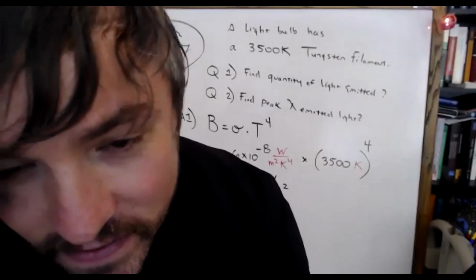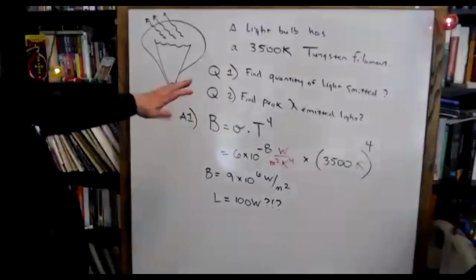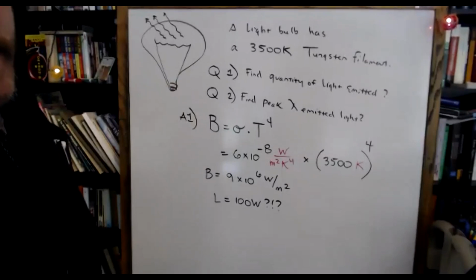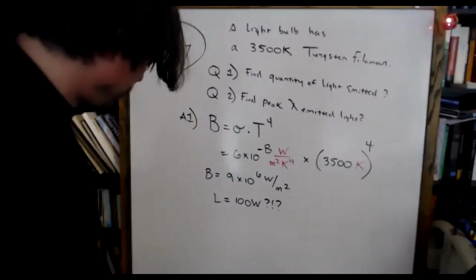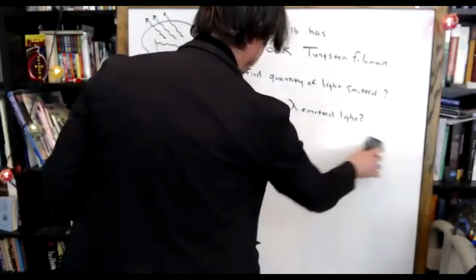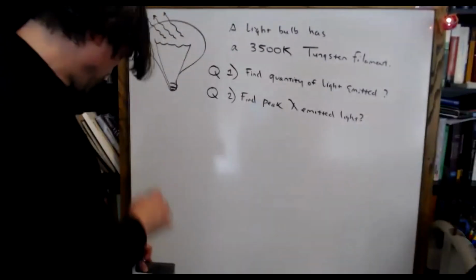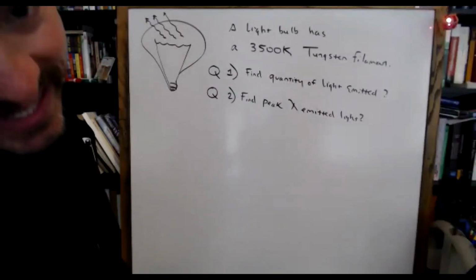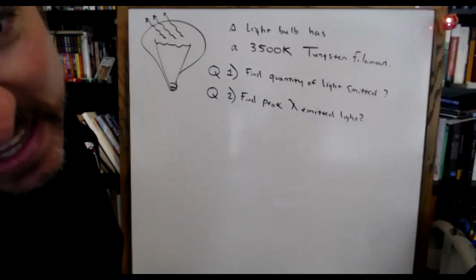Yeah. Okay, cool. Let's try to answer the second question, then we'll get to our lab. Let's find the peak wavelength emitted. What formula do I want for that, Dennis? You're going to want Wien's law. It looks like Wien's law, but Germans pronounce it Wien's law.